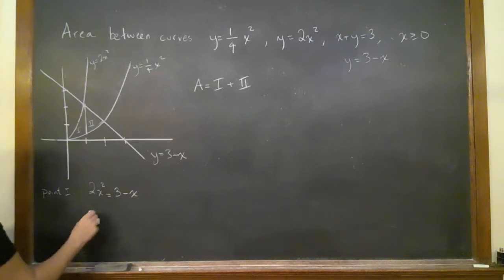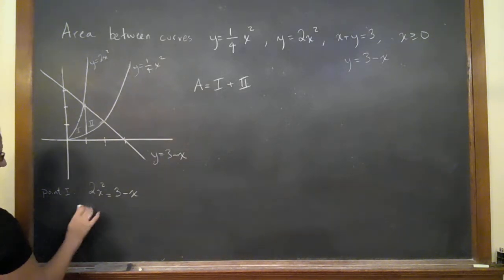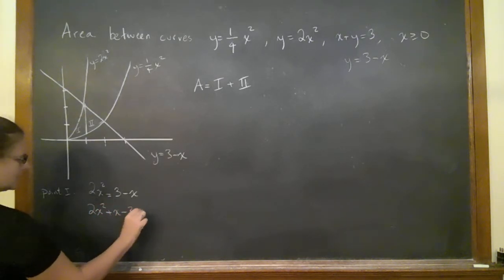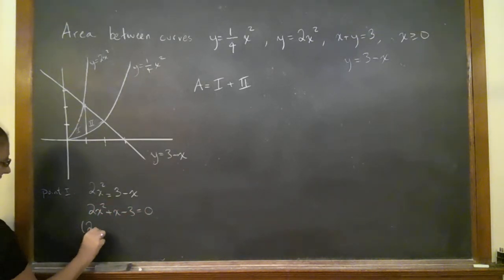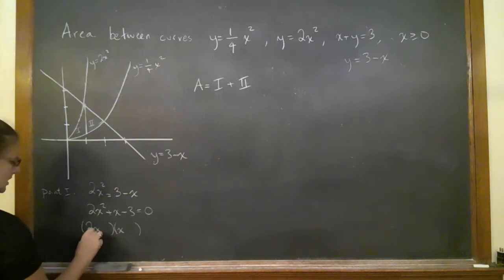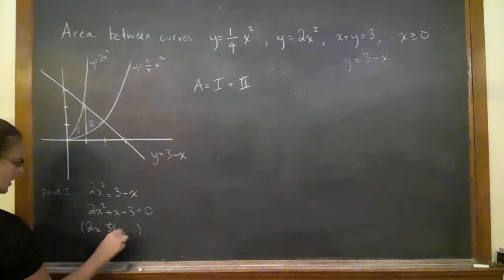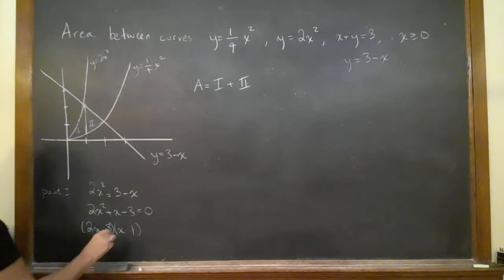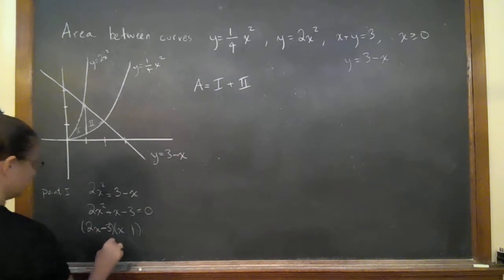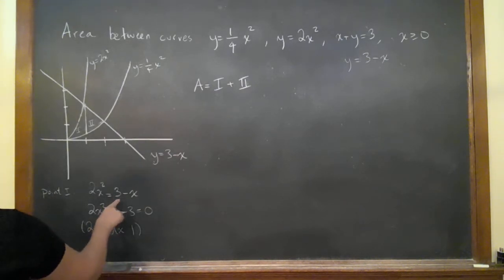So I need that particular point, right? So, what do I have? 2x squared plus x minus 3 equals 0. So I've got 2x and x. I want the 3 here and the 1 here, right? Wait, is that right? What did I just do? This is minus 3.